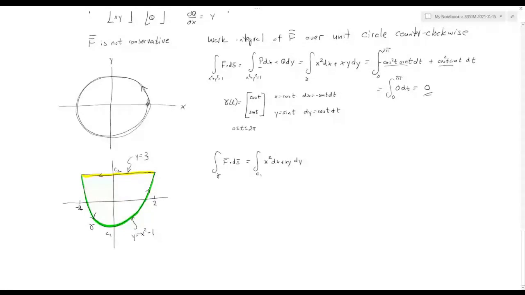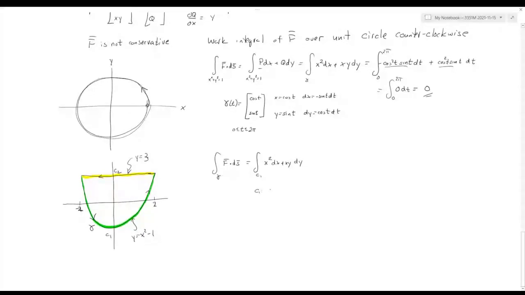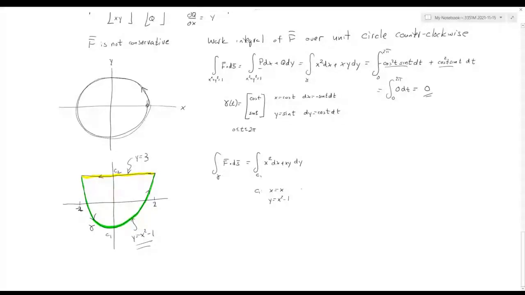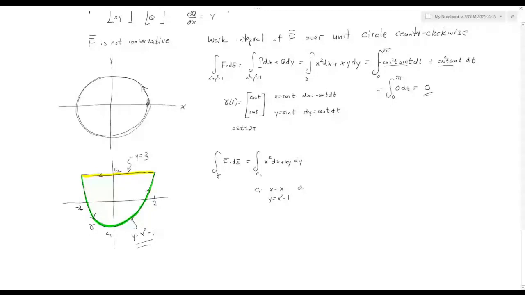C1 can be parametrized by saying that x is equal to itself, and y would be x squared minus 1, as that piece is part of a parabola. So let's just say x equals t.